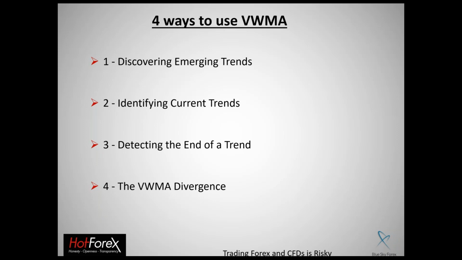It will be able to help you find the potential end of a trend. And there is also the volume weighted moving average divergence between the price and the combination of moving averages, which you can observe on the chart. Anyways, let's get right into this.